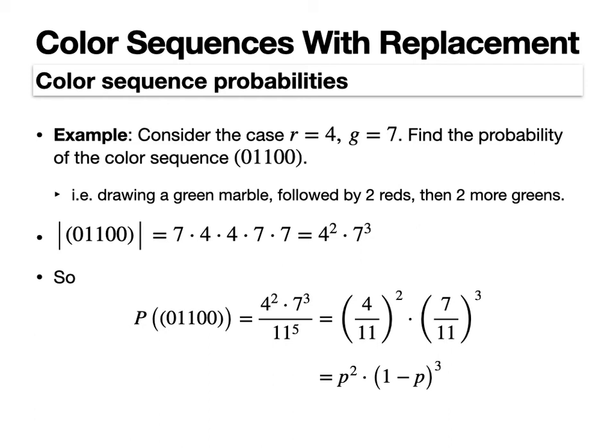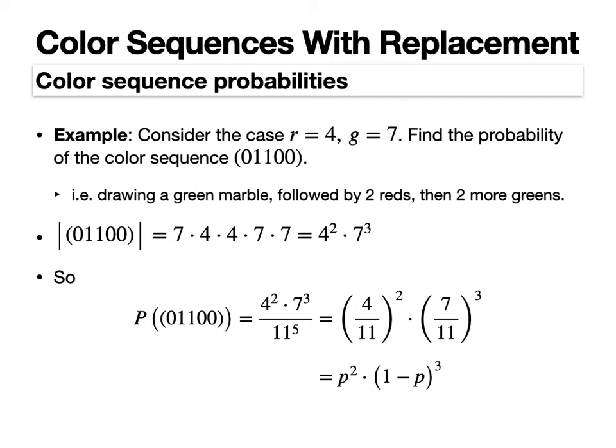Well, the basic idea is to think about this as an event in our sample space, and then use the fact that sequential sampling with replacement, or actually with or without replacement, is a probability space in which all outcomes are equally likely. So the first thing we need to ask is how many outcomes do we have that have this color sequence? That is, green, red, red, green, green. The cardinality of that color sequence would be, well, you would just think about it from the point of view of counting. How many ways are there to choose the first ball so that it's green?